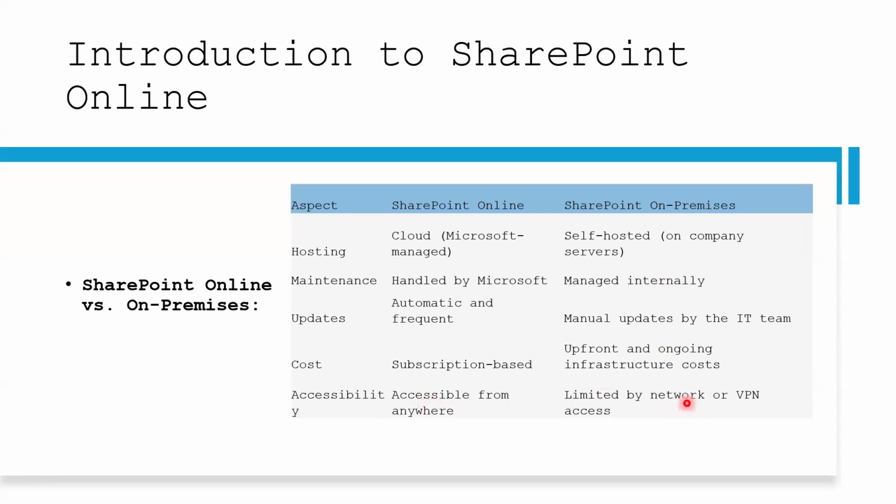SharePoint on-premise is limited by network or VPN access, so you cannot access on-prem outside your office network or without VPN. That is a limitation of on-premise. But the online version you can access from anywhere, even a public network, though there is a chance to limit the access for public domains.